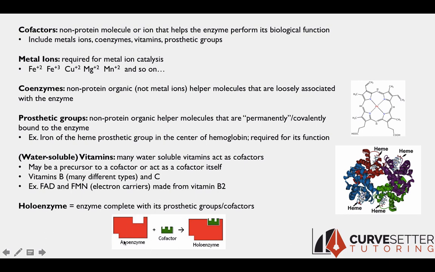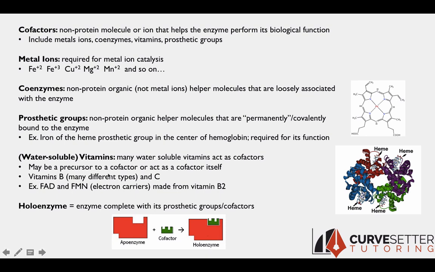It's the enzyme lacking its cofactor or molecule that it requires in order to perform its function. So apoenzyme cannot perform its biological function yet. It's not a fully formed or completely functional enzyme. Holoenzyme is the whole enzyme associated with any molecules that it requires.